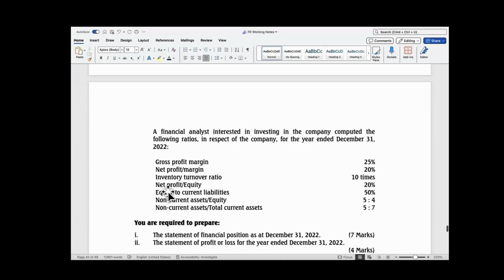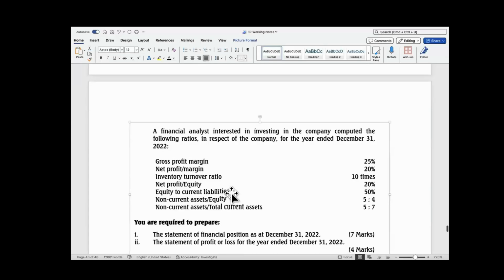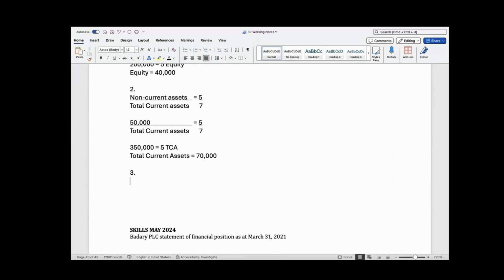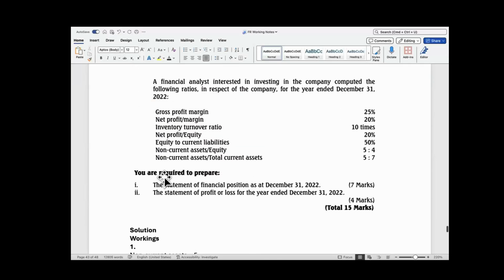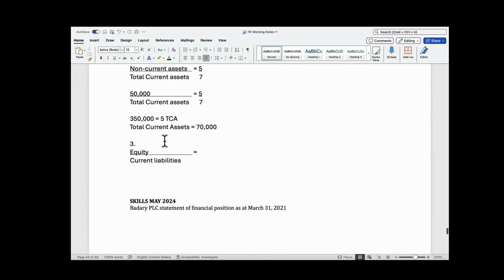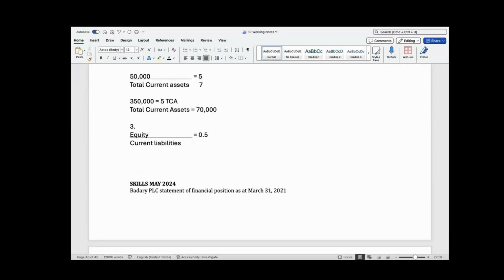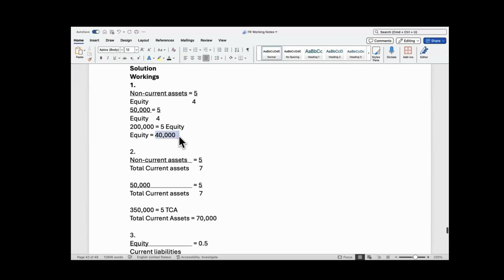Then from here I can get my current liabilities using equity to current liabilities, which equals 50%, that's 0.5. I already got my equity up there as 40,000.